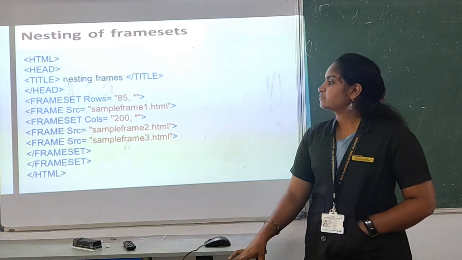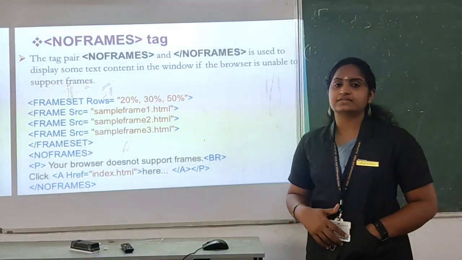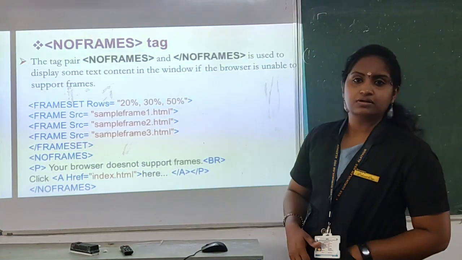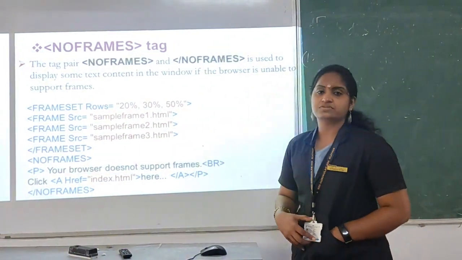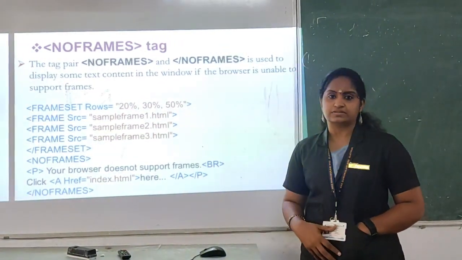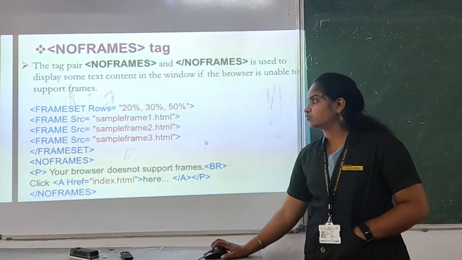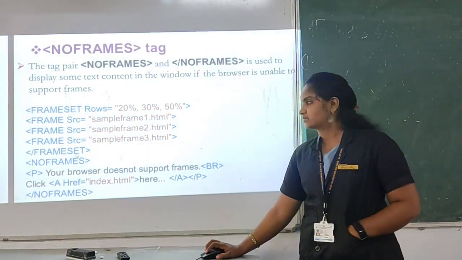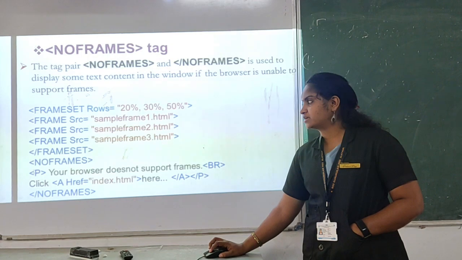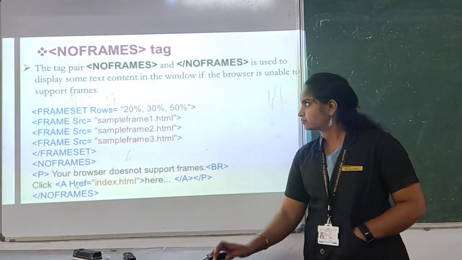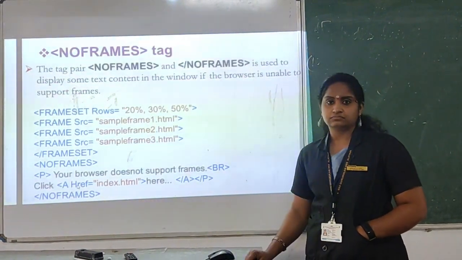Okay. And next one is noframes. Same as noresize, here you have the option noframes. Sometimes some browsers will not display the frames, so the content should display the option. So here we are giving an option as noframes.